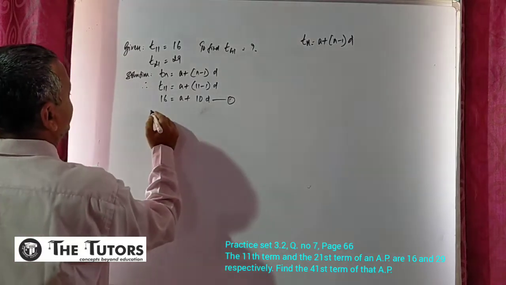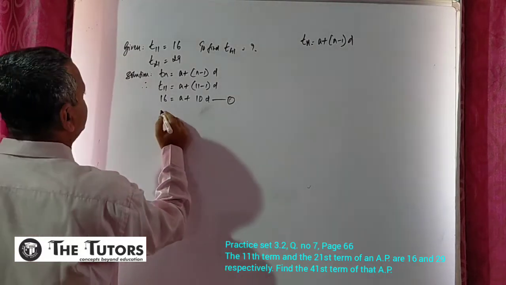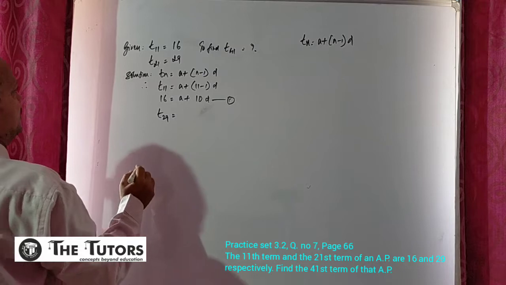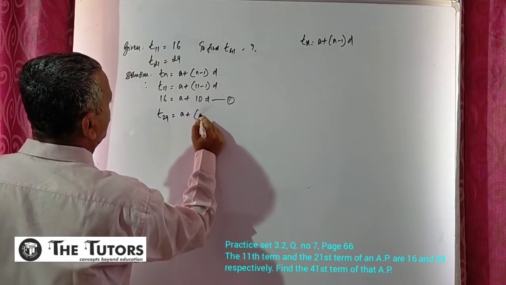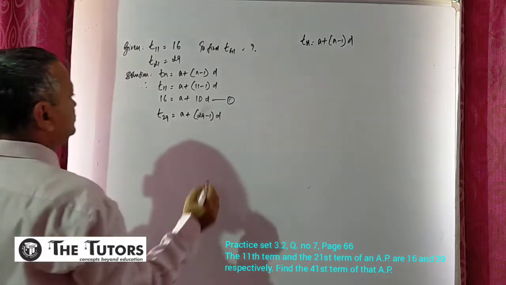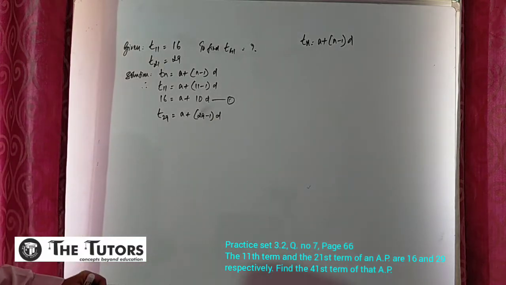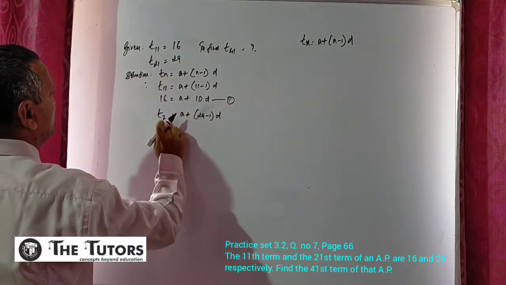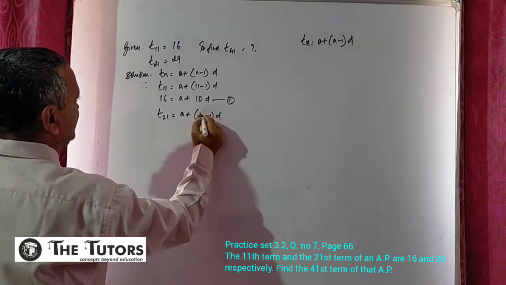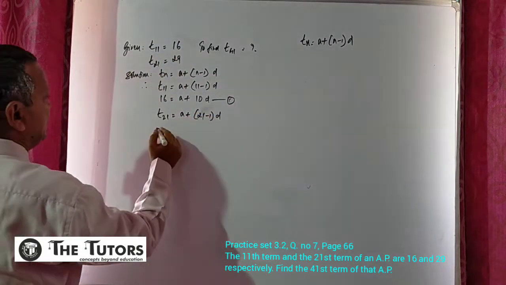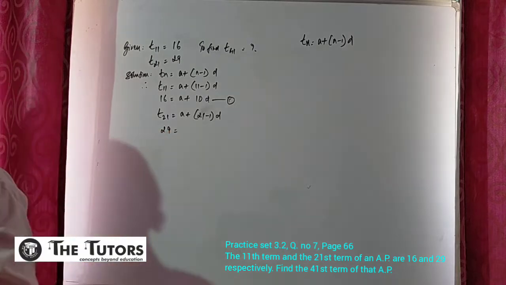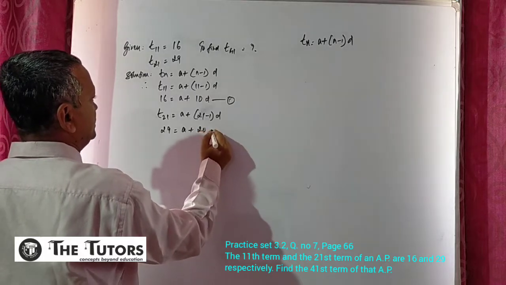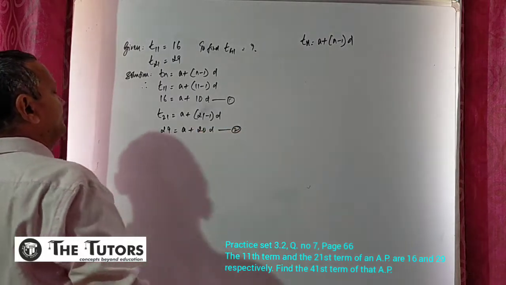Then we have T21 is equal to a plus 21 minus 1 d. T21 is given as 29, so a plus 20d. Fine.